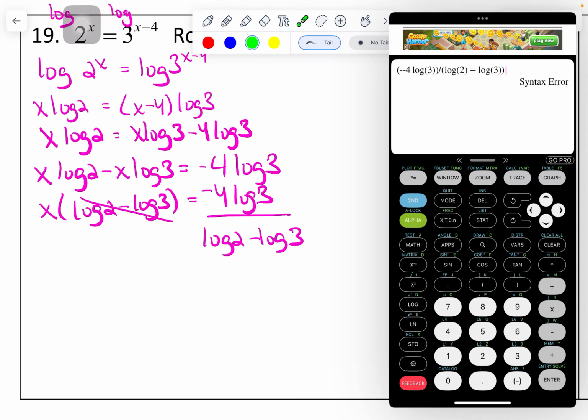I get a syntax error. All right, what did I screw up? Too many negatives in the 4. There's only one negative there, so delete one of those.